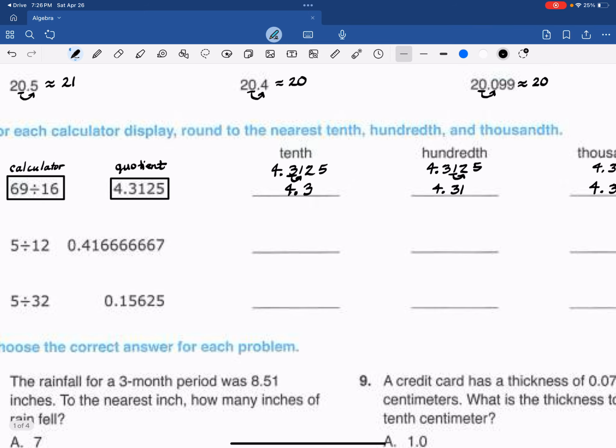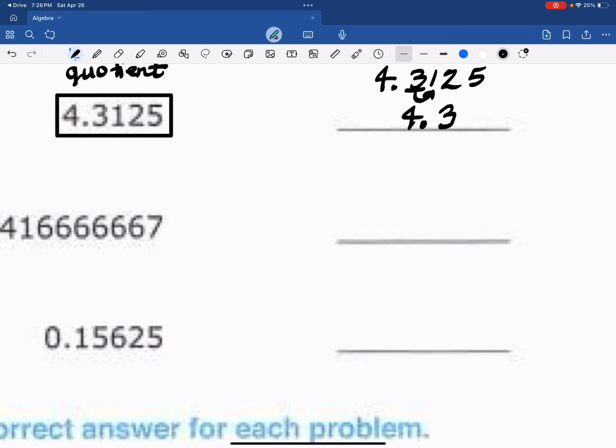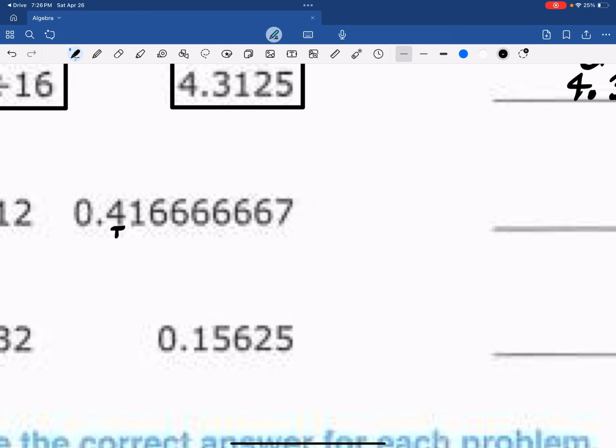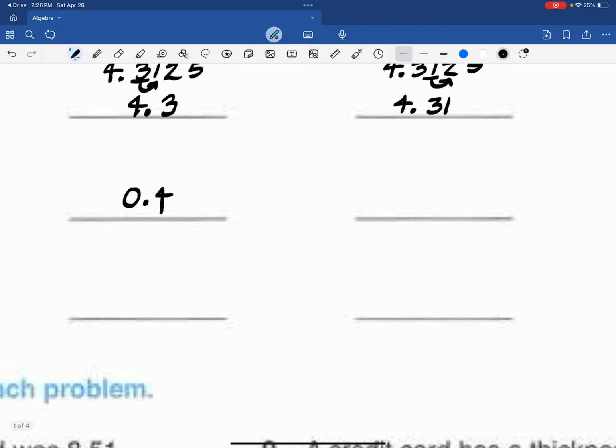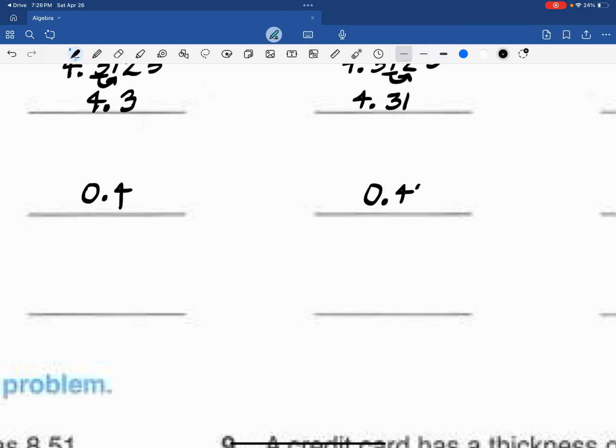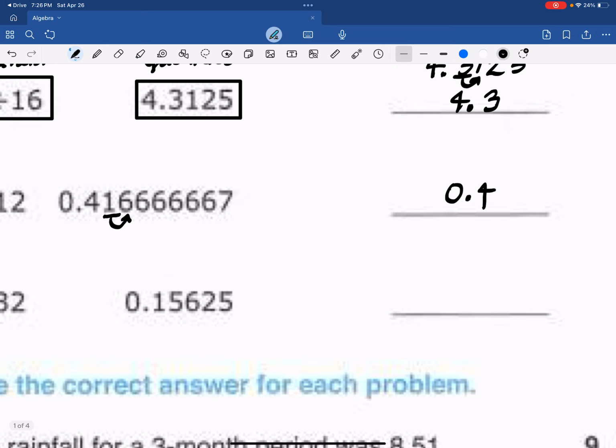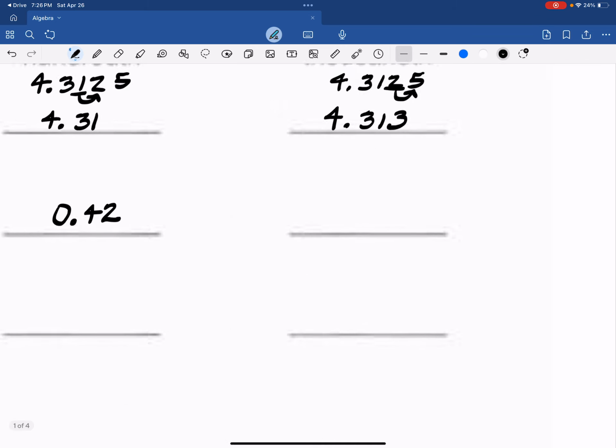Okay, this number to the nearest tenth is 0.4. This number to the nearest hundredth is 0.42. To the nearest thousandth is 0.417.